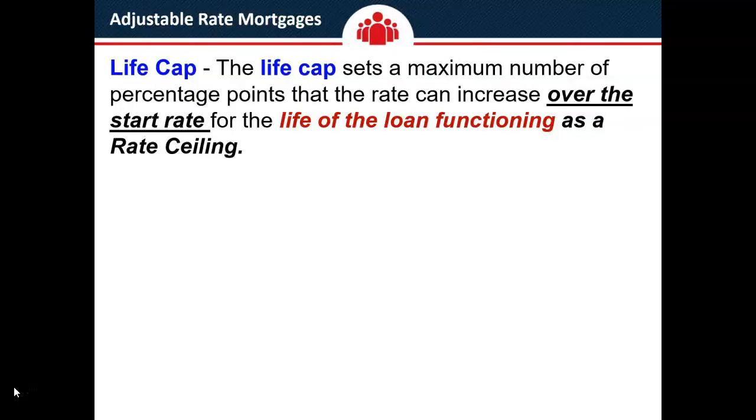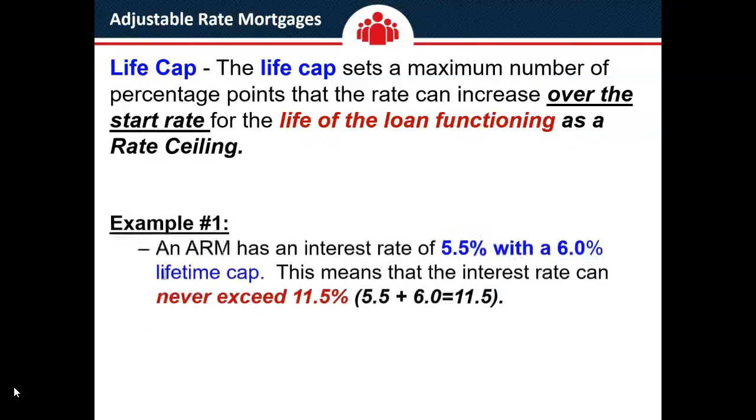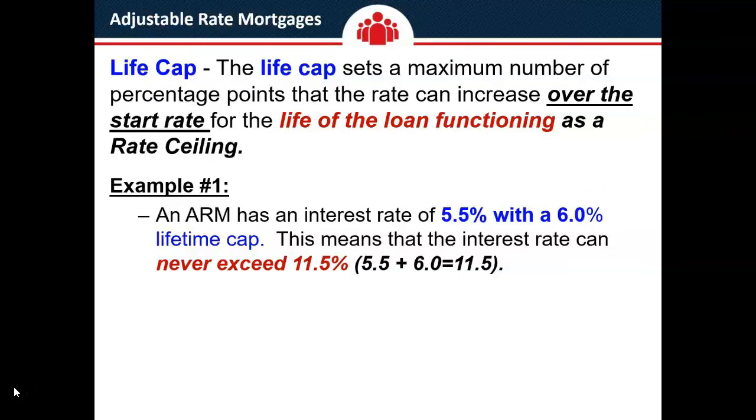So the life cap sets the maximum number of percentage points that the rates will increase over the start rate. Remember, you got to start with the start rate over the life of the loan. It's the ceiling. Here's our example. Say you have a start rate of 5.5%. That's your start rate. And a lifetime cap, the most it can ever increase is another 6% over that start rate.